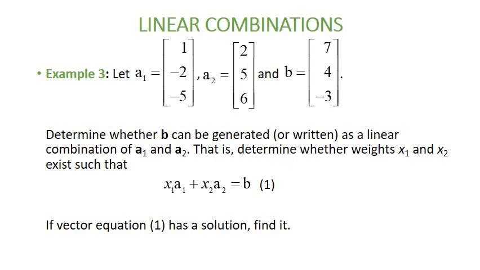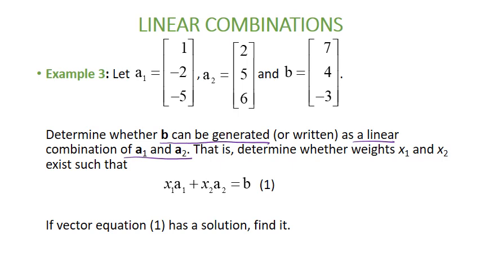Okay, so let's get to the good stuff. Here I have 3 different vectors, and we want to determine whether vector b can be written as a linear combination of a1 and a2.